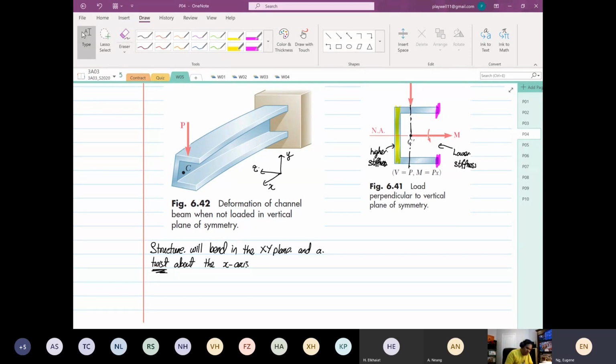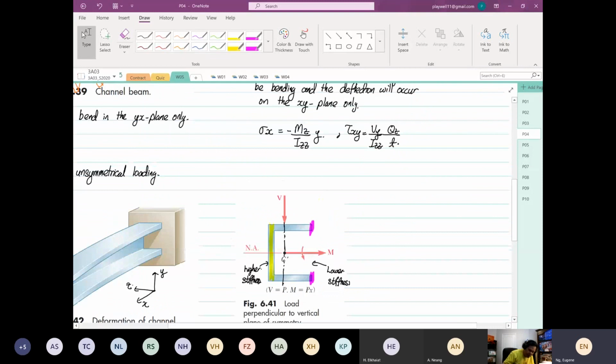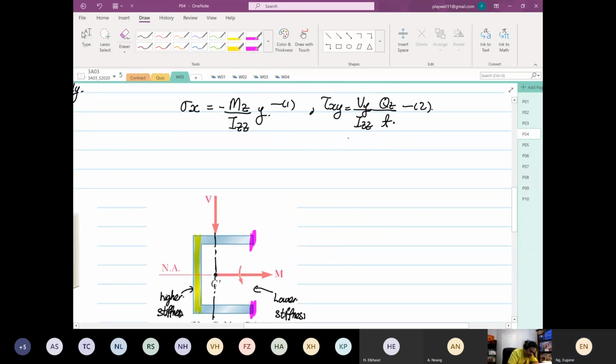So this formula over here, I will call this equation 1 and equation 2. Equation 1 and 2, especially equation number 2, is only valid when there is no twisting, right?